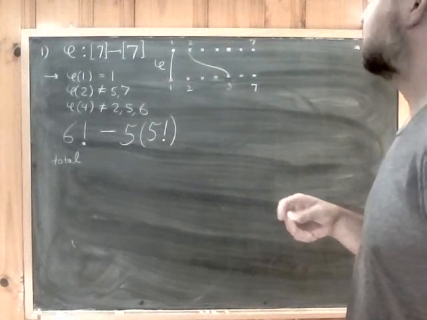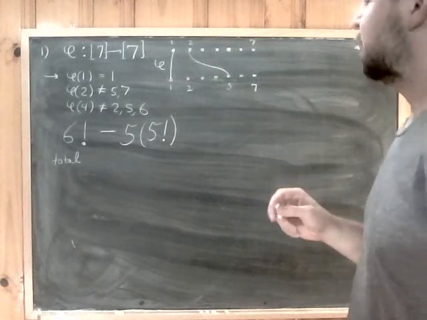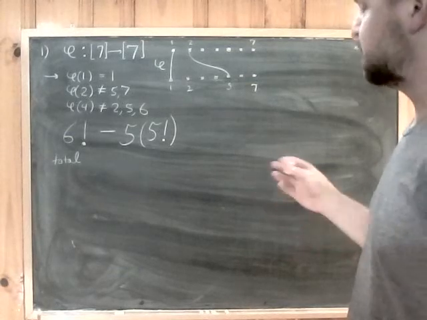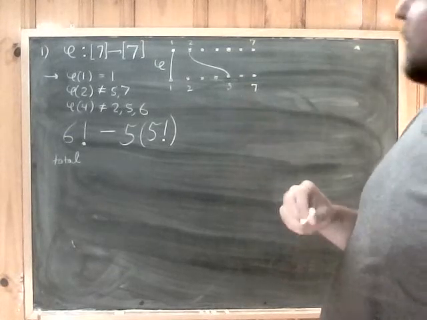So each of the sets of breaking one rule will have 5 factorial items in it, and we're subtracting off 5 of them.